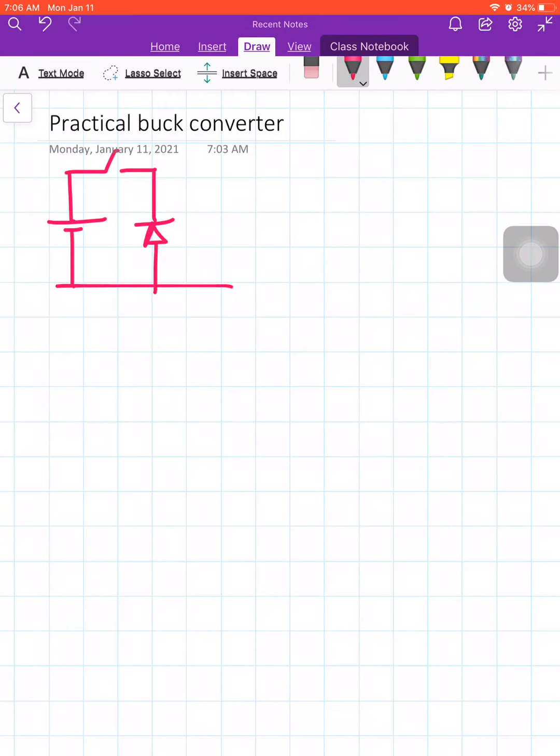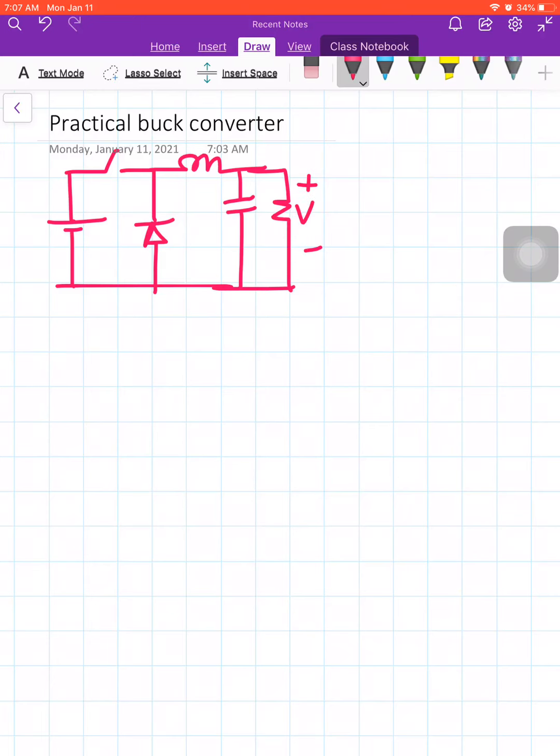We have this diode, inductor. Why are we placing this inductor? We are placing this inductor in order to filter the switching components, and we are expecting a very nice DC output voltage across this load resistance, right?